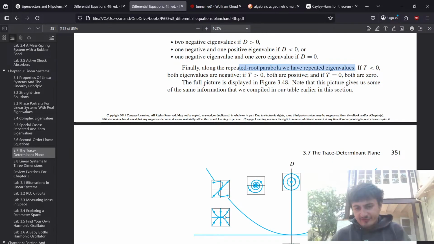It's positive, and t squared minus 4d is going to be less than t squared. So then t minus the discriminant. Okay.